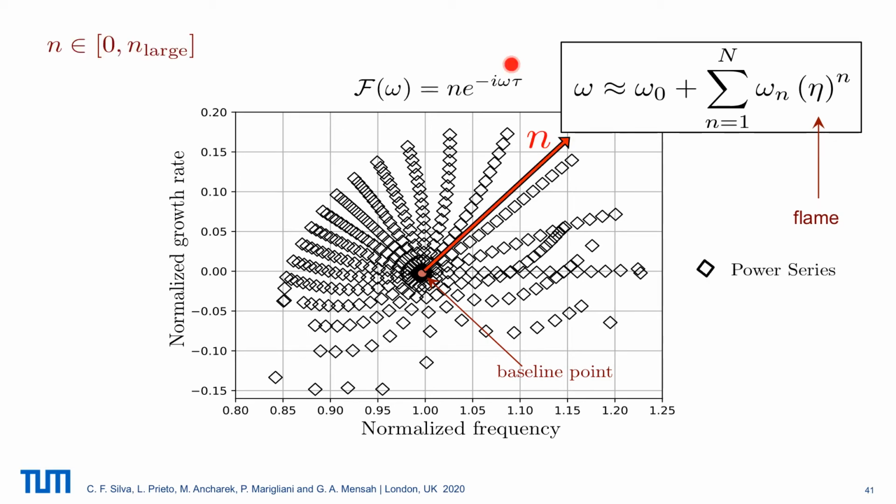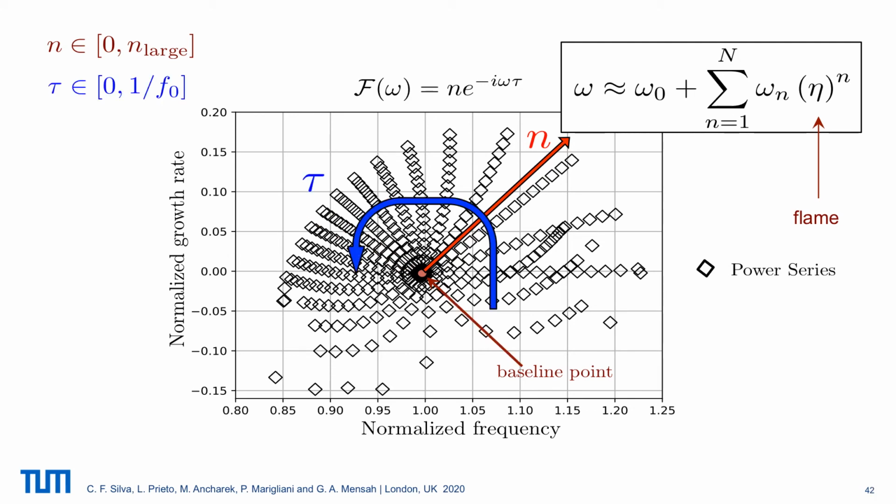So if we use the flame response based on the n-tau model, this is explained in the following. When we increase the interaction index, we get farther and farther from the baseline point in these directions, when increasing n from 0 to a given value of the interaction index.